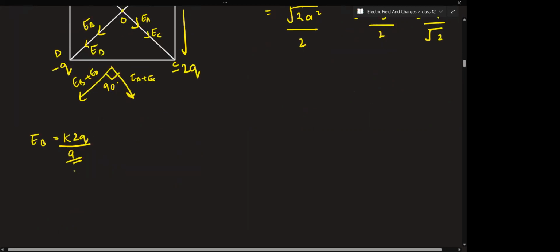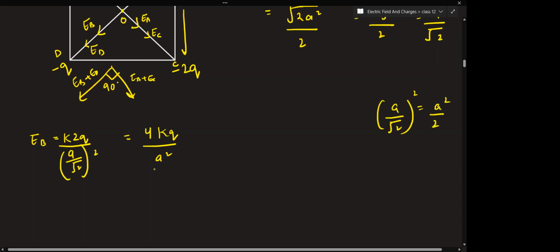A by root 2 whole square is A square divided by 2. So the 2 gets multiplied by this 2, and it becomes 4KQ by A square. This is EB.